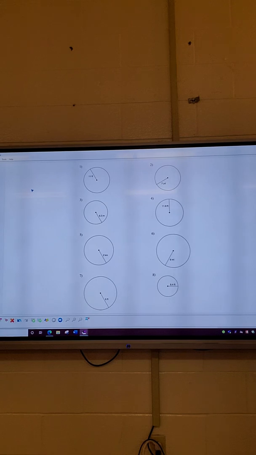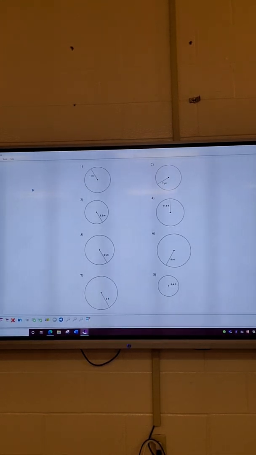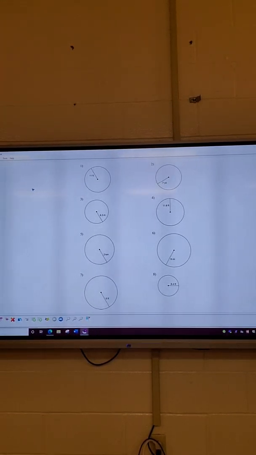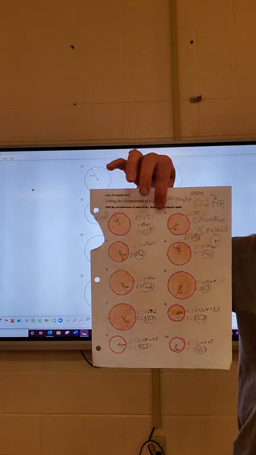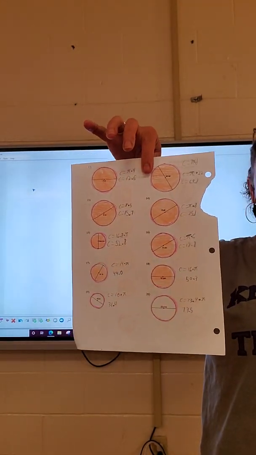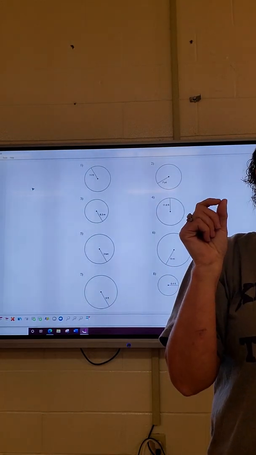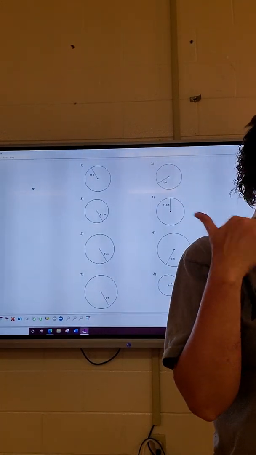At the end of class yesterday, I had you color the inside portion of the circles. So if you look at Gavin's paper, he's got the outside done in pink and the inside kind of shaded in orange. We found circumference yesterday.